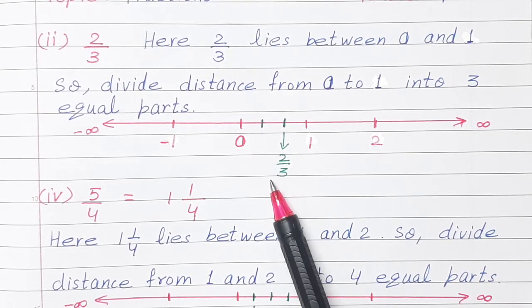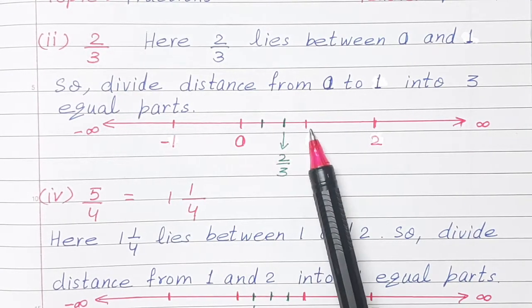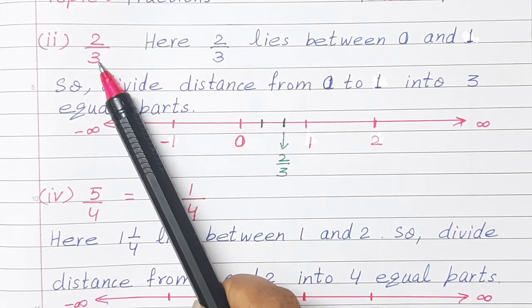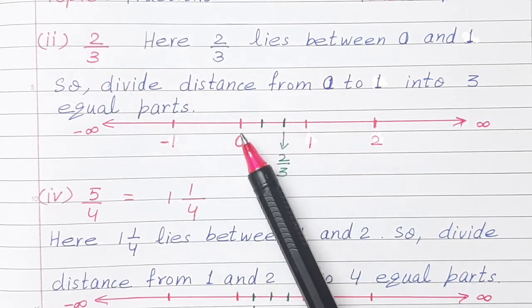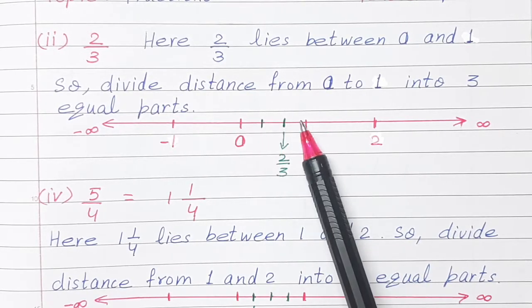Children, remember here, whatever the denominator is, accordingly we will do the divisions. If the denominator is 5, then the area between 0 to 1 we divide into 5 divisions. I hope you all have understood now.